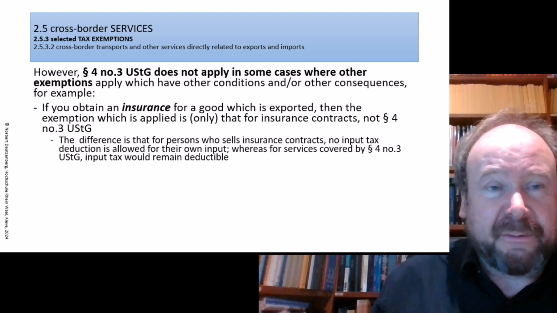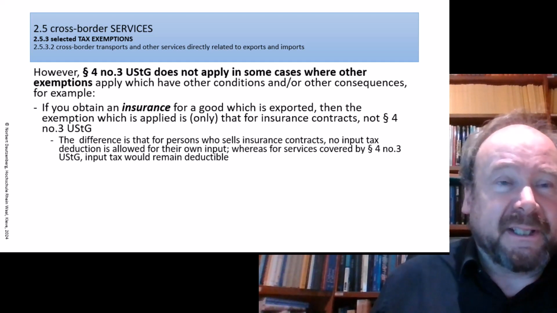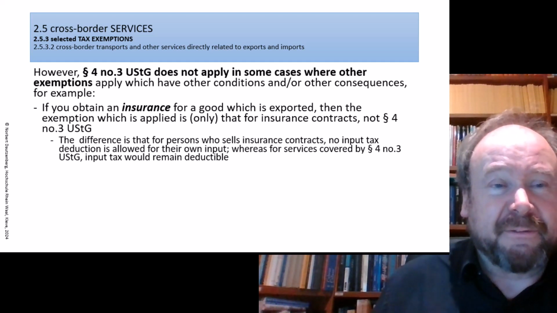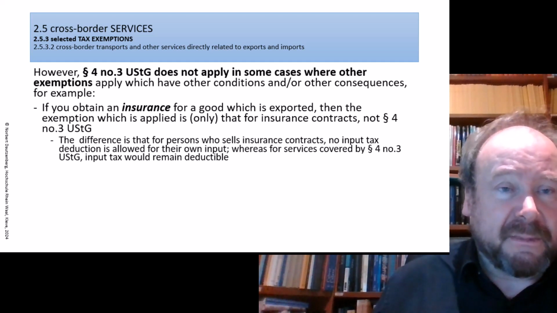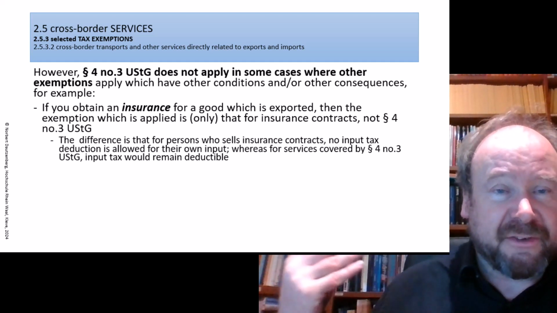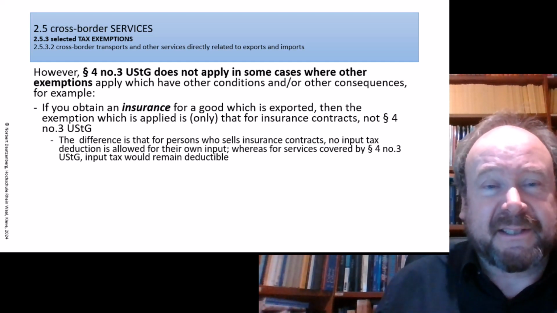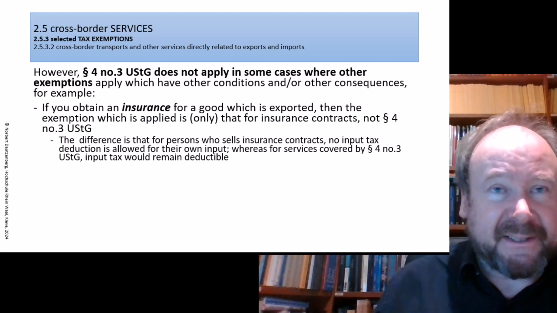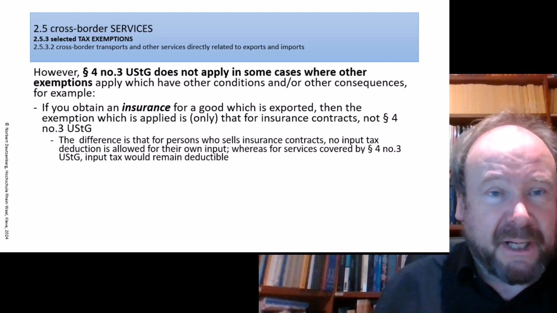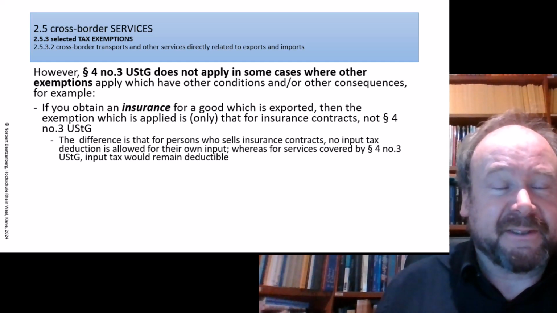The difference, by the way, is under 4(3), the person who sells the service would be entitled to input tax refund for all the cost elements which he or she bought in connection with the production of the own services, whereas if something is tax-free under the insurance contract rule, it's a tax exemption which is combined with the effect that the input tax refund is not granted.